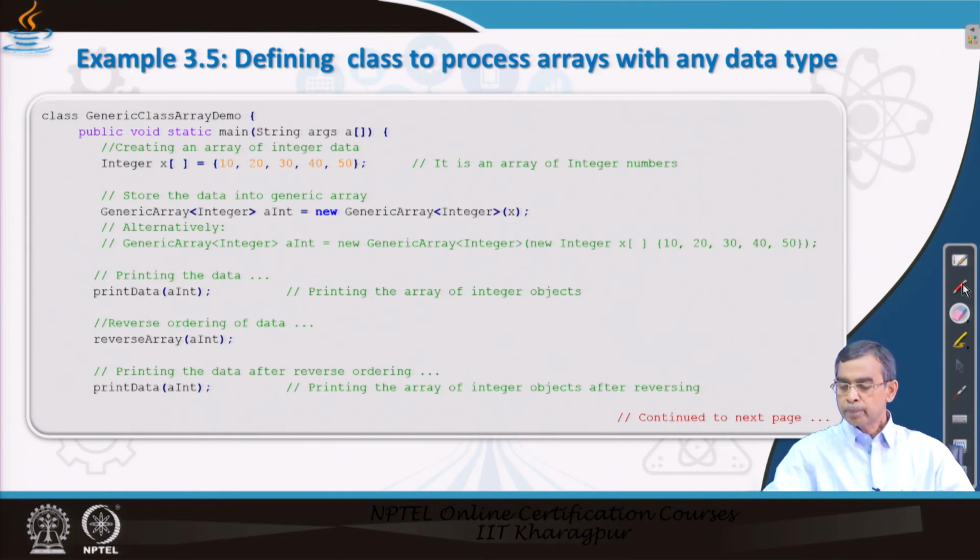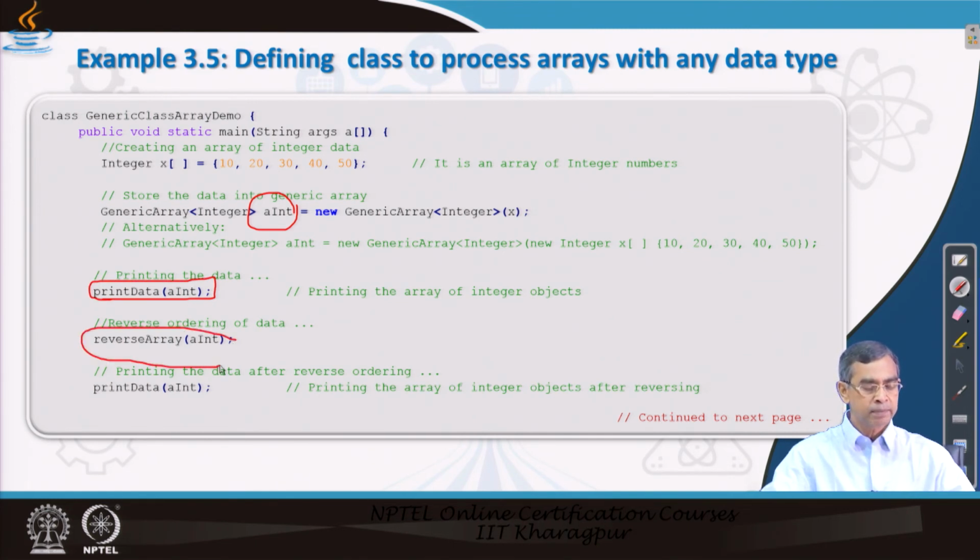Now, next, once this collection aInt, a collection of array of type Integer, is created, we can pass this and then the printData method can be called and it prints all the elements in it. Reverse array is another method, we can pass this collection, that means the array of elements, and it can reverse the ordering, and finally if you print the same, it will print the data in the reverse order.